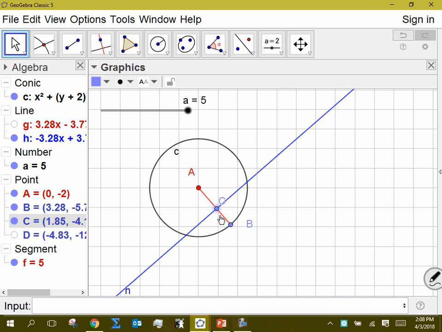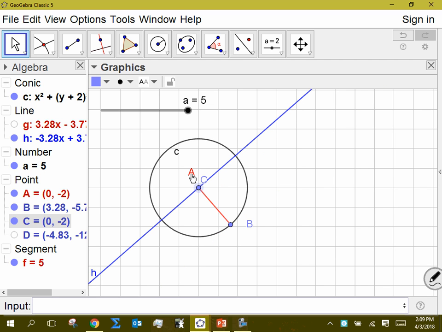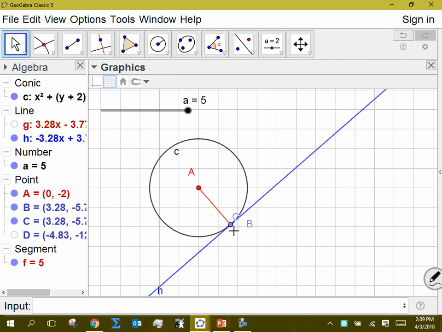But we have to move it to where that point C becomes point B, so now it's at the endpoint, and now that's a tangent line, right? It's got to be perpendicular at that endpoint, and therefore that blue line now becomes a tangent.